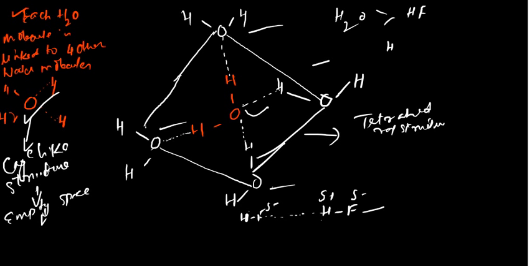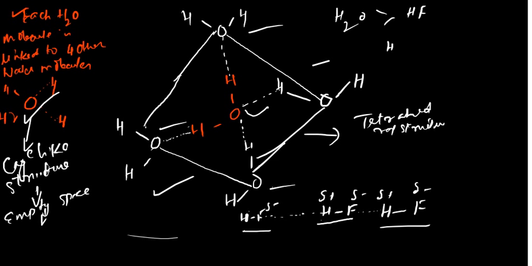Similarly, this one is linked to one more hydrogen fluoride molecule, like this. So here one hydrogen fluoride molecule is linked to two hydrogen fluoride molecules, but in the case of water, one water molecule is joined to four other water molecules due to the presence of hydrogen bonding, right?